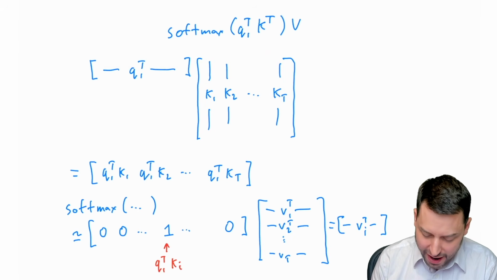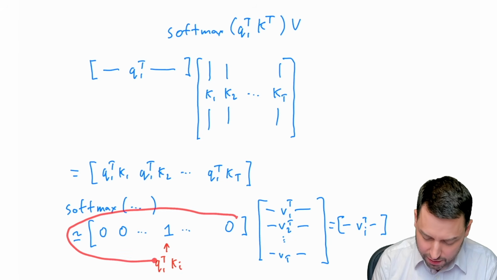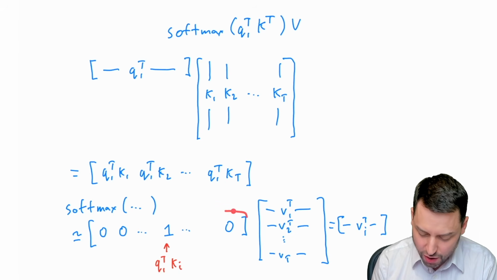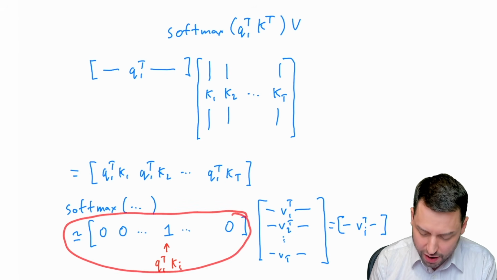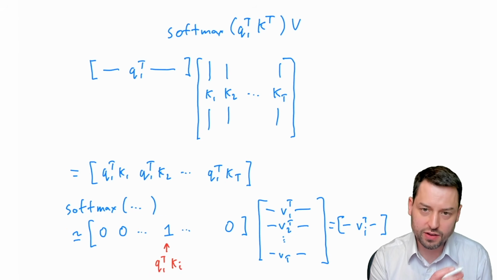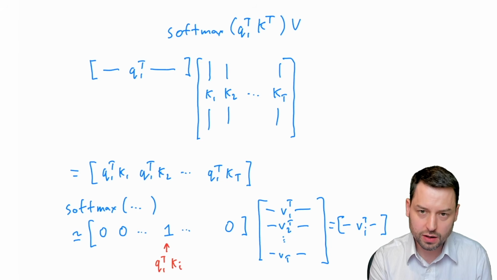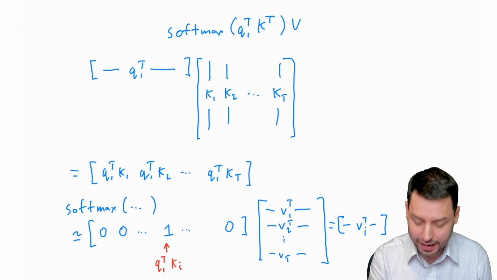We take the softmax of this thing, which approximately, and again, this approximate is doing a lot of work here, puts a 1 at the location of the greatest match between the query Q1 and Ki.